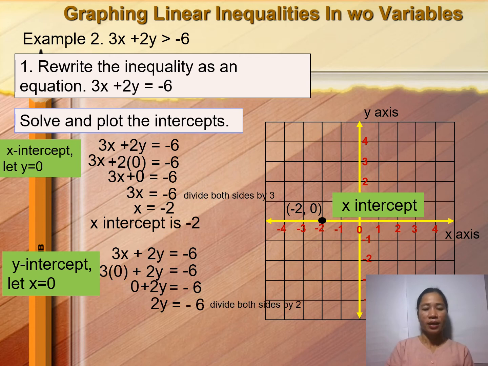Divide both sides by 2. We have 2y divided by 2 is y, and negative 6 divided by 2 is negative 3. So the y-intercept is negative 3. So the line crosses the y-axis at 0, negative 3.